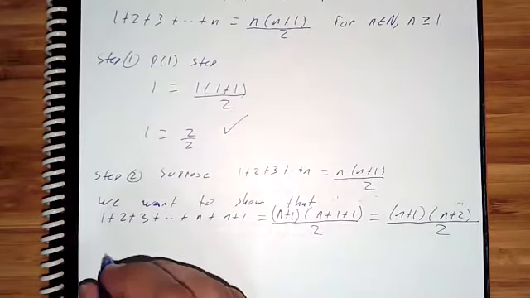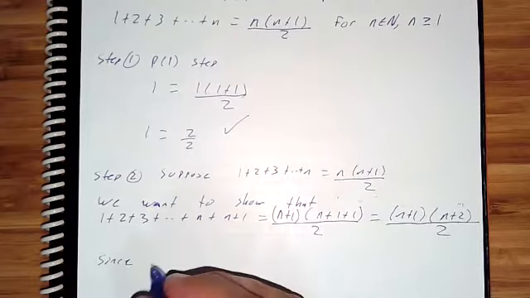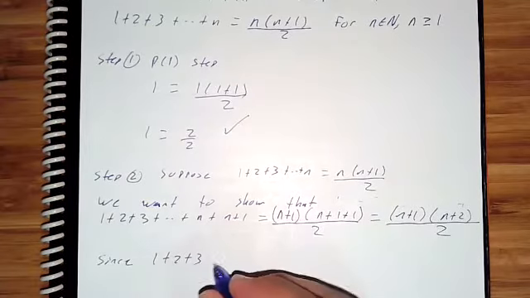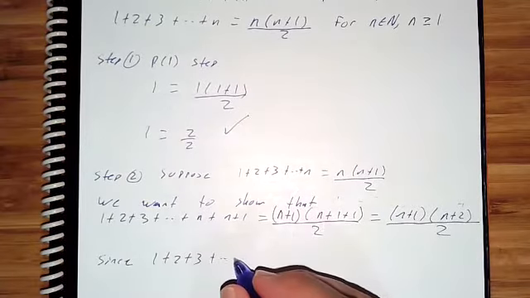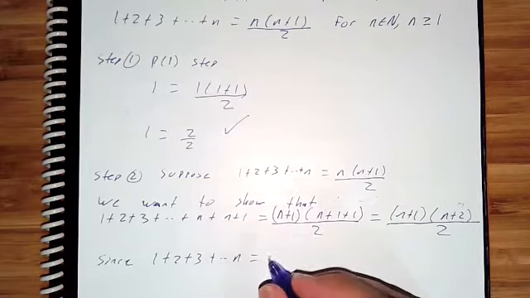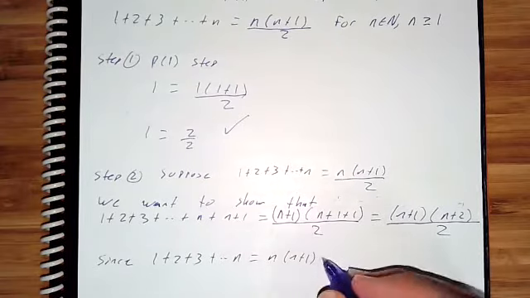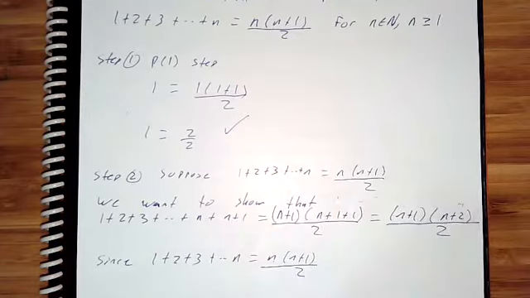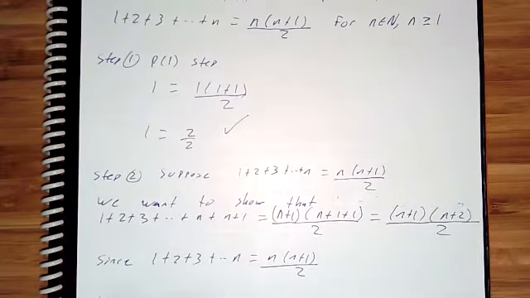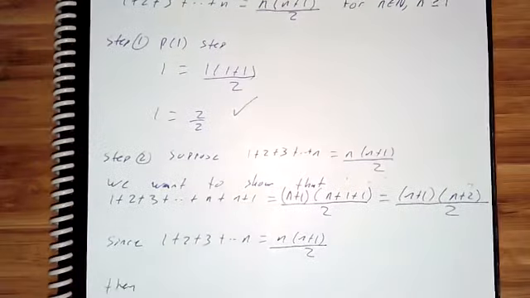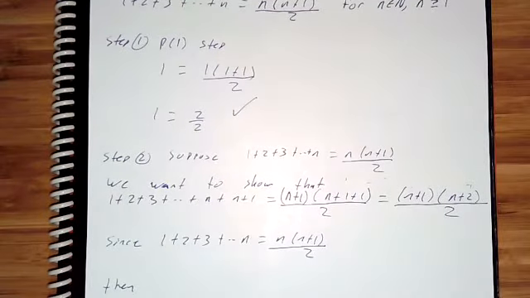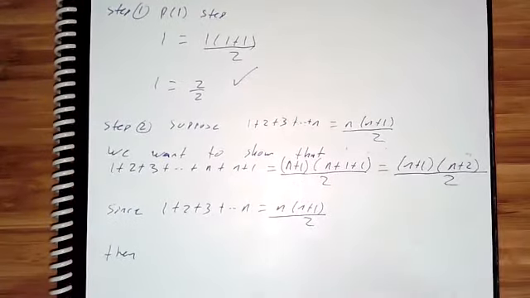So since 1 plus 2 plus 3 plus n is equal to n times n plus 1 over 2, then, one moment, we will just add this piece here.